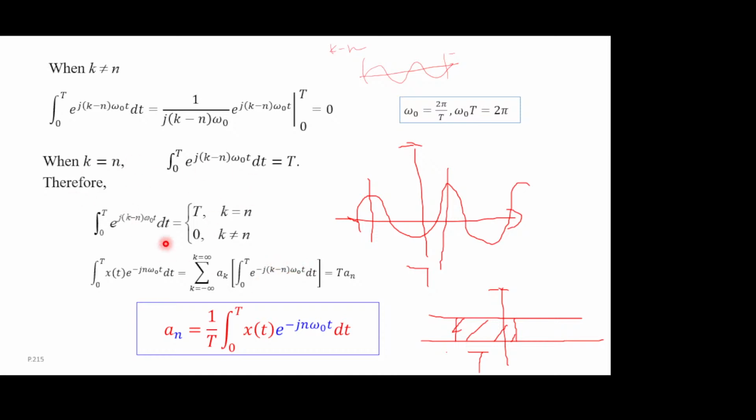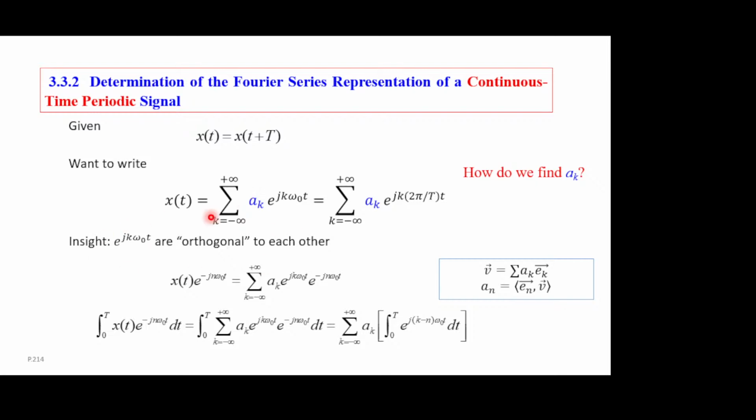So we are seeing the orthogonality property of those harmonic complex exponentials. Once again, if you are taking the inner product between e to the jk omega naught t and e to the jn omega naught t, where inner product means, well, there are different definitions, but for now, we multiply them together, so you take a complex conjugate of one of them, then you multiply them together, and you take the integration.